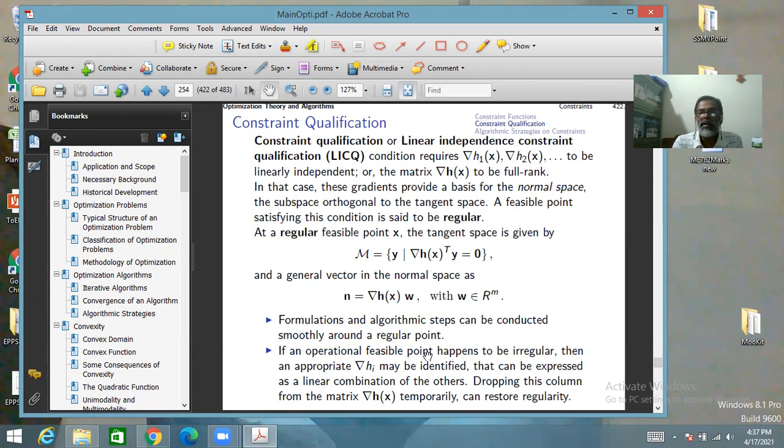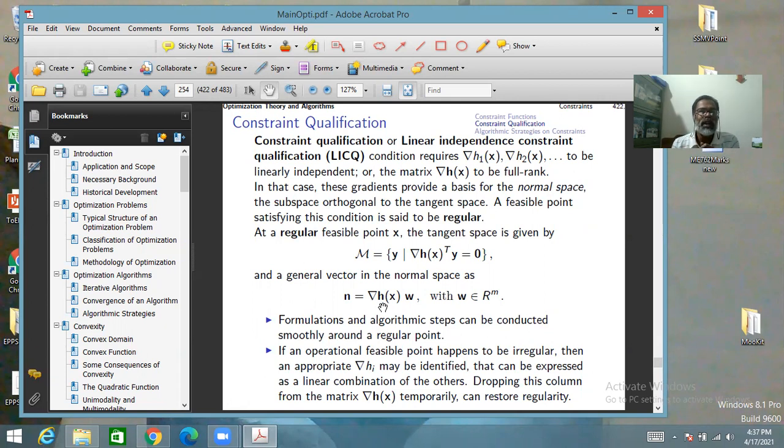If an operational feasible point happens to be irregular, that is, if you find that this does not have rank m, it is of less rank, then what to do? Then that column of it, which can be expressed as a linear combination of some others, you can drop temporarily, and officially declare it as a case of that constraint not being there.